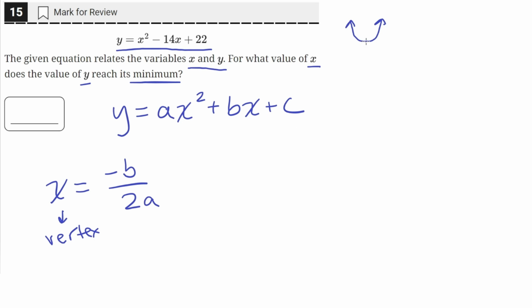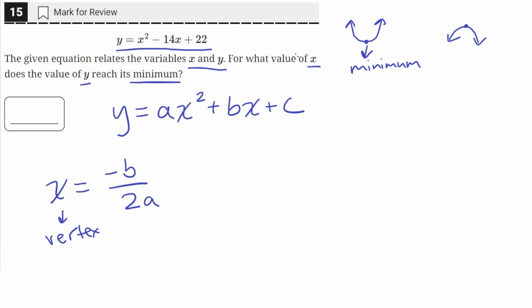The vertex of a quadratic is this point here for a concave up quadratic, like this quadratic in this case. And then for concave down quadratics, the vertex is this point here. So for a concave up, this vertex is the minimum.